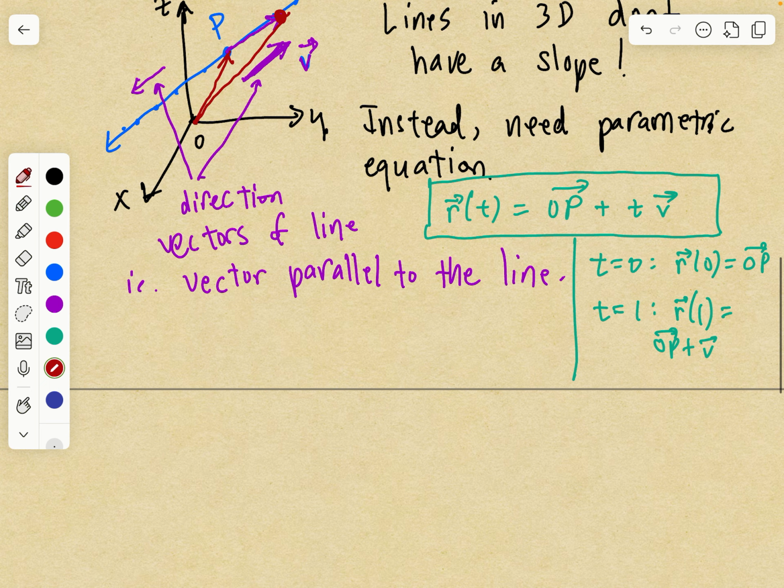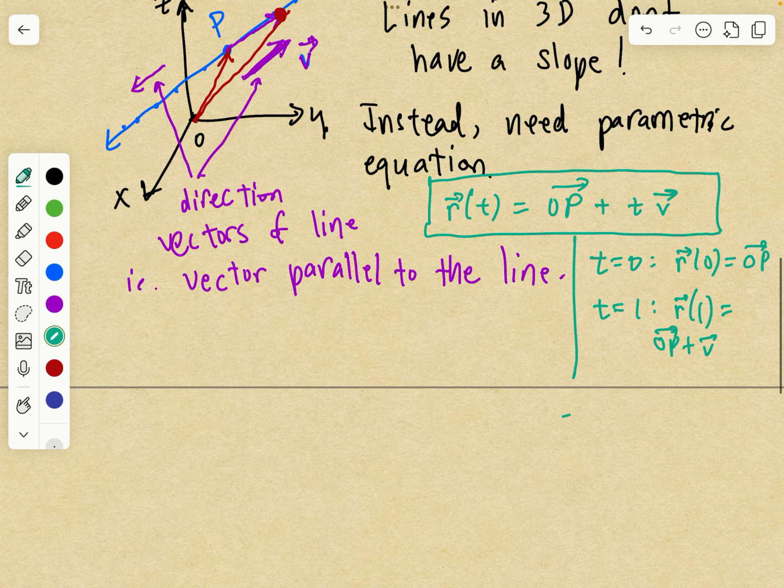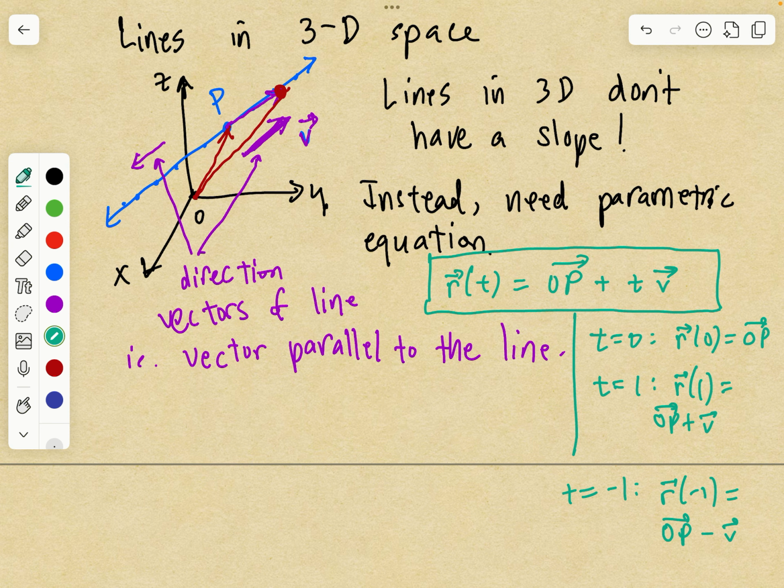And what happens if you take t to be -1? Then you get r of -1 equals OP minus V. So OP minus V is going to be, so you're using this V, you take -1 of that, so you're going to be like here, and you're going to get this point here.